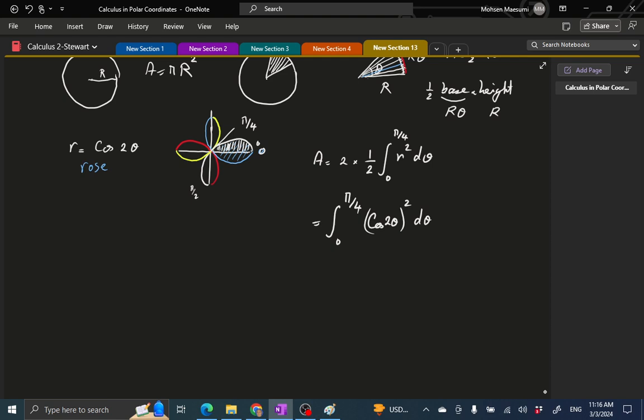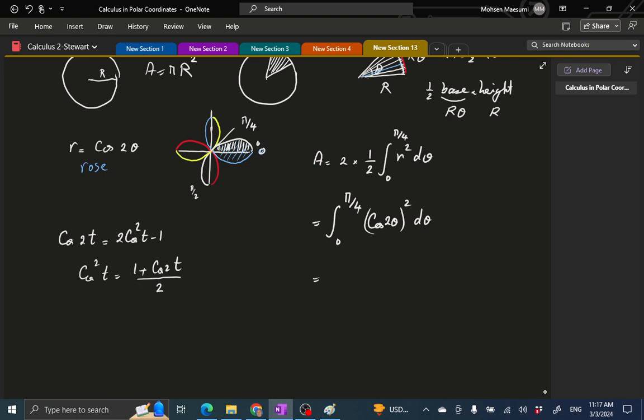You remember the cosine of 2t, let's say, is 2 cosine squared of t minus 1. So cosine squared of t is 1 plus cosine of 2t, divided by 2.